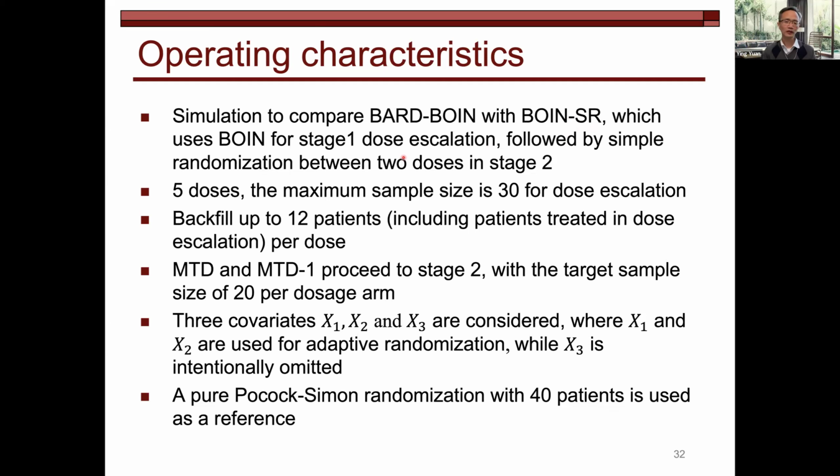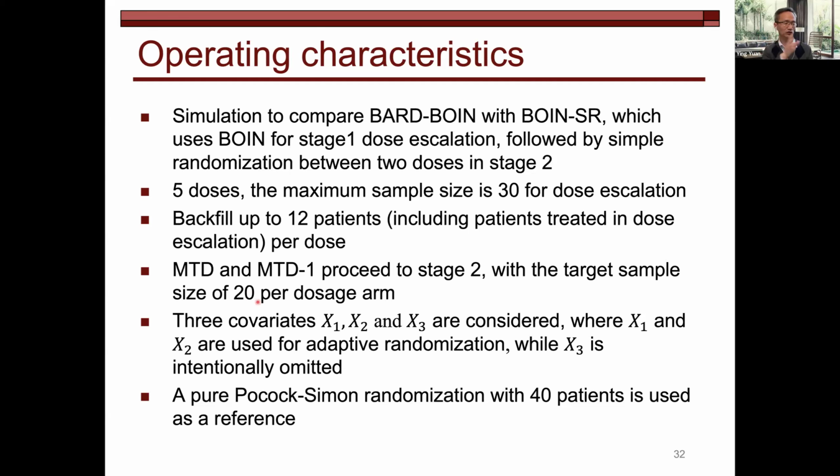Okay. This is a 5 dose design, the maximum sample size is 30, and the backfill goes up to 12 patients per dose. We're going to select MTD and MTD-1, identified at the end of the stage 1 dose escalation, into stage 2. And we target a sample size of 20 per dose arm. The target of 20 per dose arm means different things for those 2 designs, right?